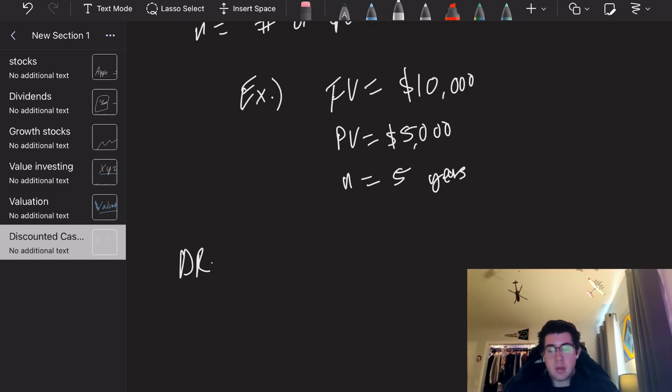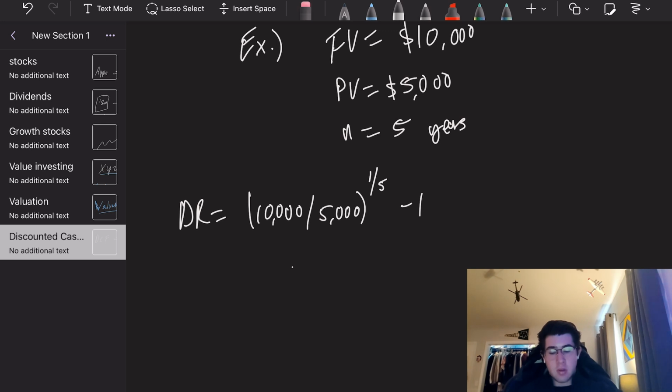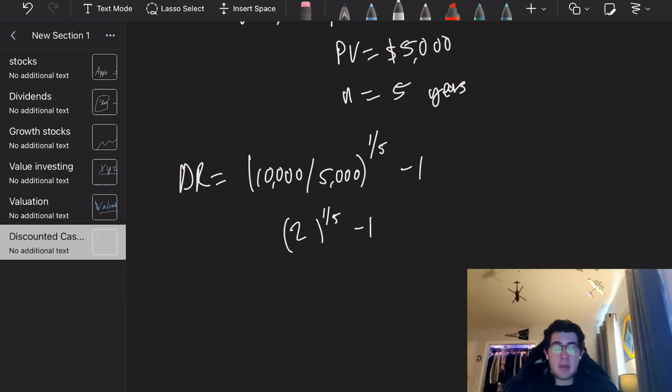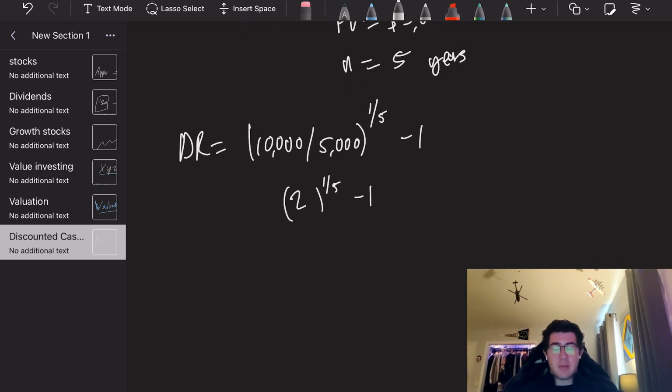The discount rate is going to equal 10K divided by 5K to the 1 over 5, minus 1. Now you have 2 to the 1 over 5 minus 1. Obviously put this into a calculator.